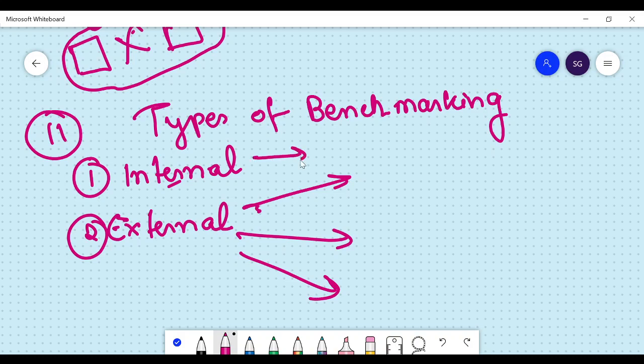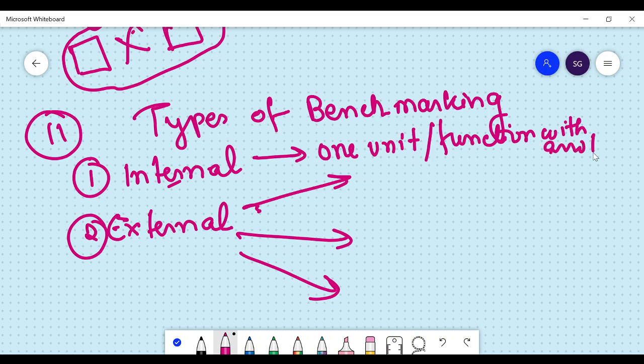So, internal includes one unit or function with another in the same organization. So remember, internal is about the same organization. We are just comparing one function to the other or one unit to the other.